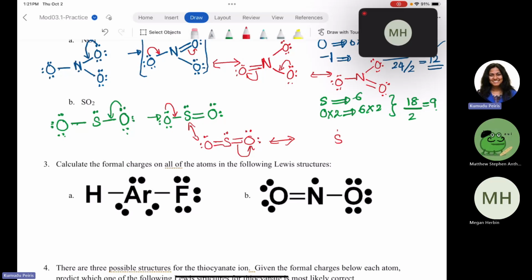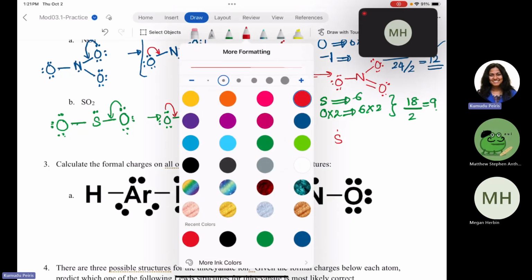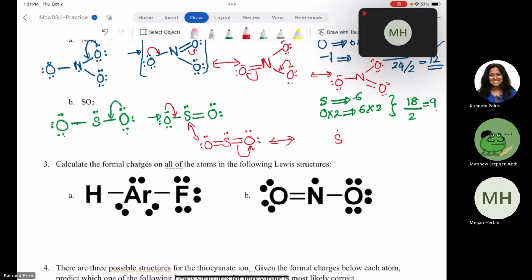So here is the sulfur. I keep only the sigma bond there. Now this terminal oxygen will get three electron pairs, and here is the double bond.